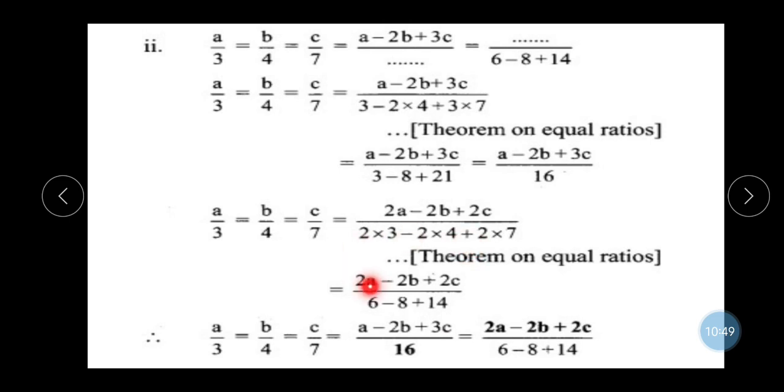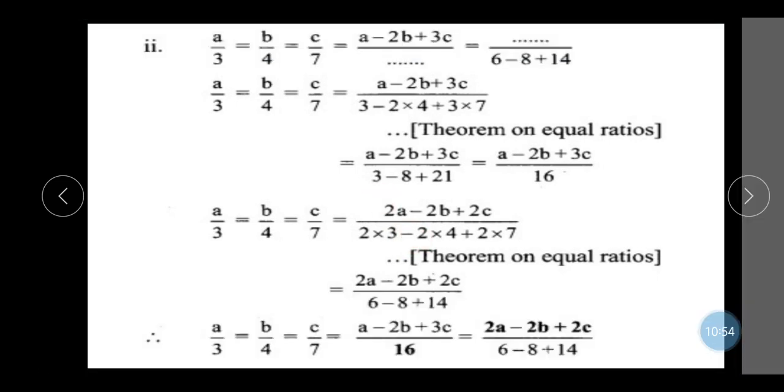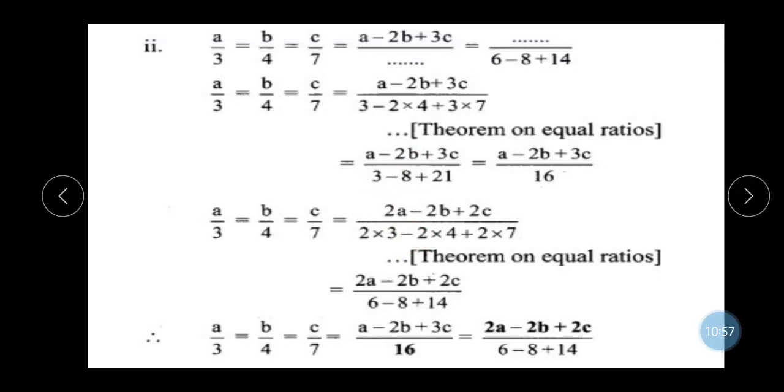So our blank we have split here: 6 is split as 2 threes are 6, 8 we have split as 2 into 4 and 14 we have split as 2 into 7. Because our A is 3, B is 4 and C is 7, and we need to multiply with such a number that we get 6, 8 and 14. So 2 was the number to get multiplied.